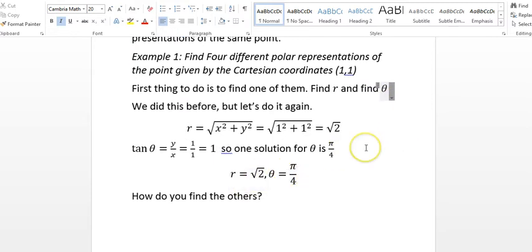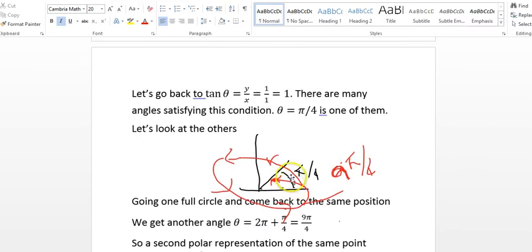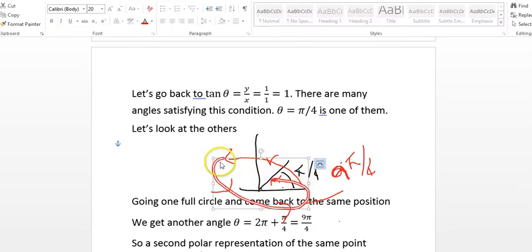Now how do you find the other solutions? Well, this is pi over 4. How do you get another angle? What you can do is go around one full circle and come back to the original point. So how far did we go? We went 2 pi plus pi over 4.